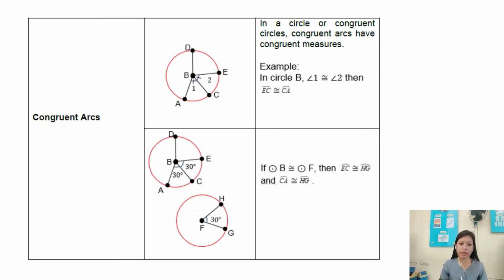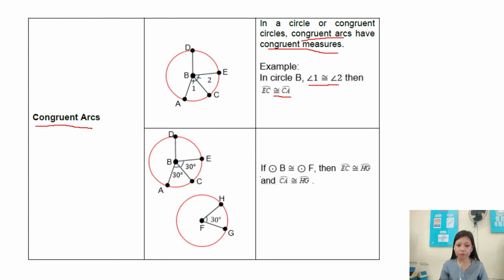Here we have congruent arcs. In a circle or congruent circles, congruent arcs have congruent measures. Example, in circle B, angle 1 is congruent to angle 2. Then arc CA is congruent to arc DE, because congruent arcs have congruent measures.